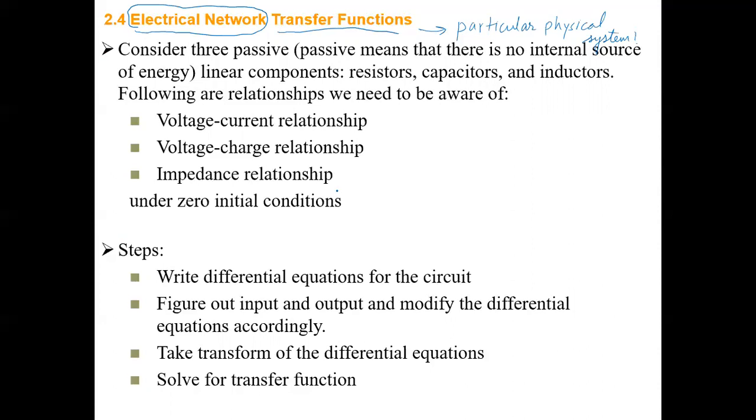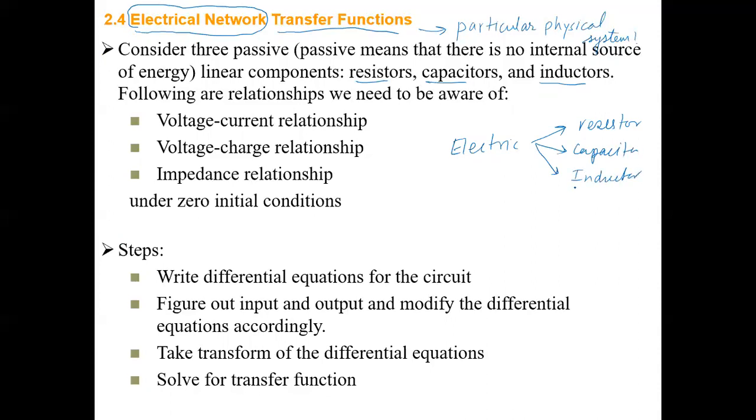So before we go there, I want to introduce some basic concepts, okay? Consider three passive linear components: resistors, capacitor, and inductor. When we talk about electricity, an electric circuit, these components come to your mind. You have resistors in the circuit, you have capacitor, you have inductor.